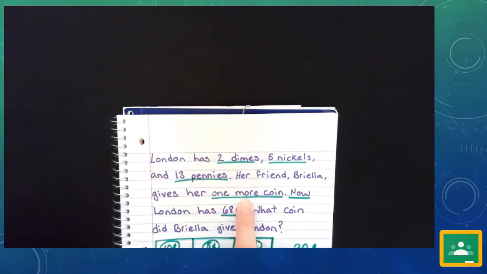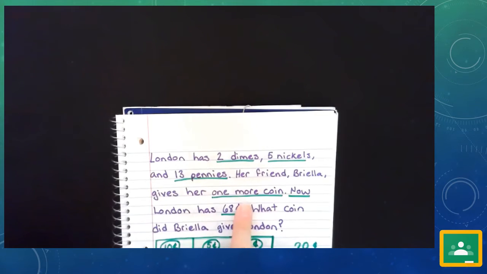So she increased London's total value. So these coins that she had before had the value of all of them increased a little bit because Briella gave her 1 more coin. Now London has 68 cents. Okay, so what coin did Briella give London?